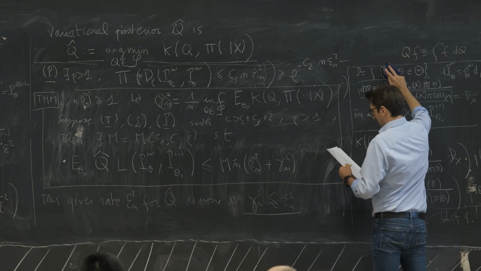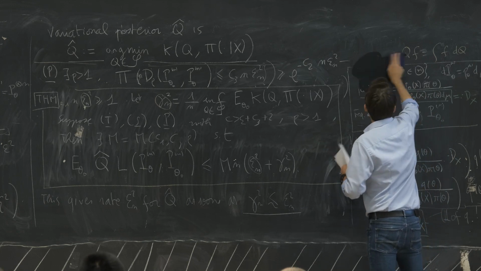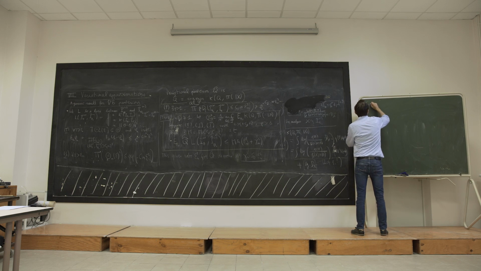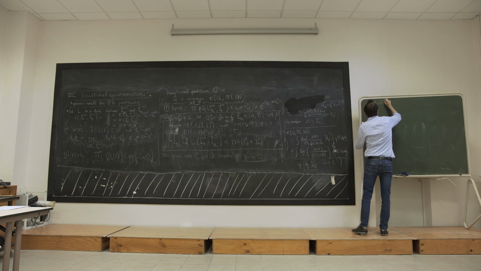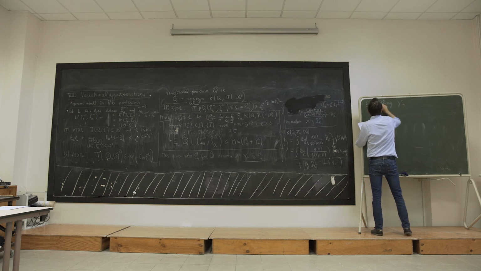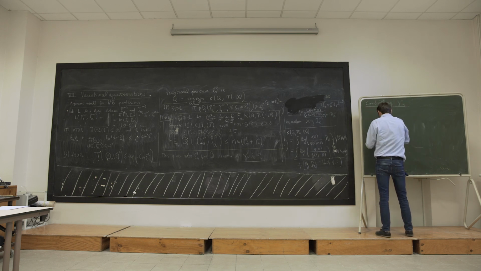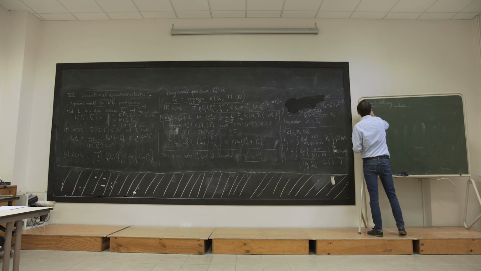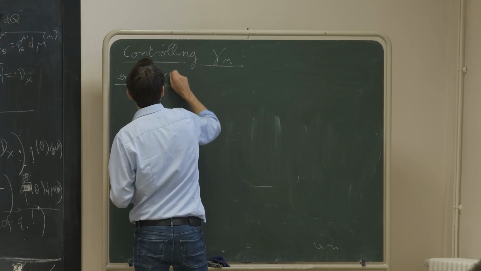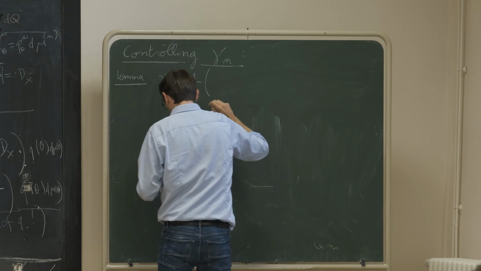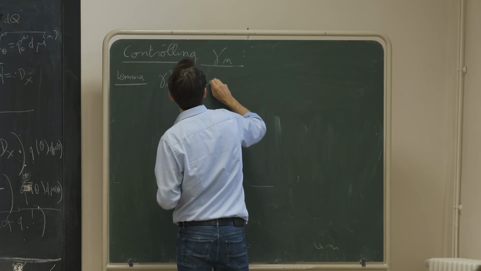Okay, so controlling gamma_n now. There is a little lemma that shows that gamma_n squared is smaller than a quantity that now doesn't depend on the posterior.